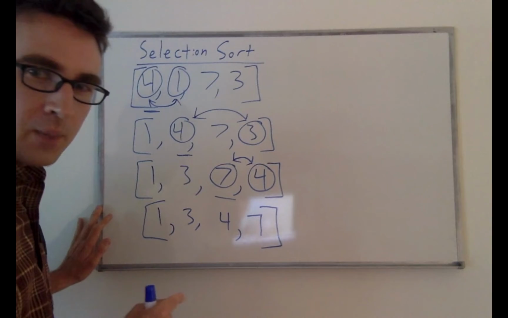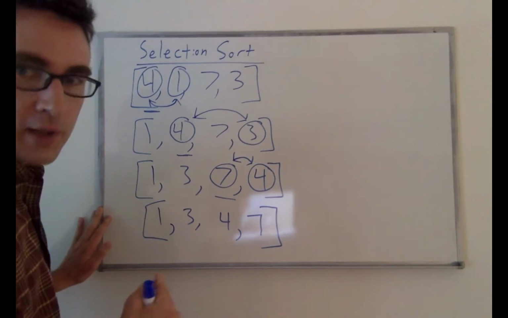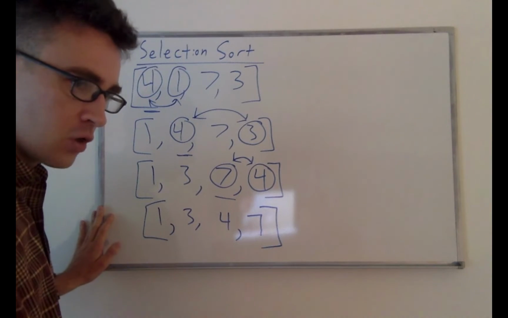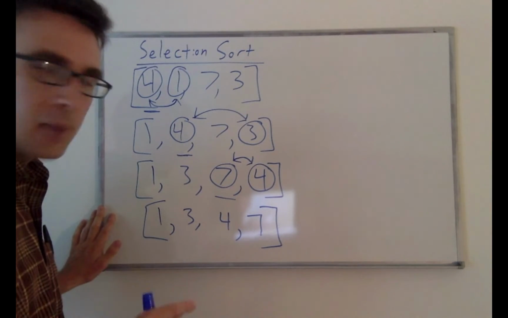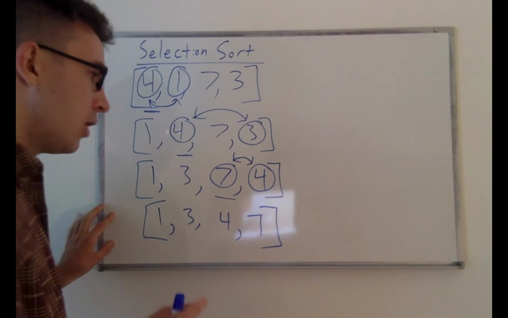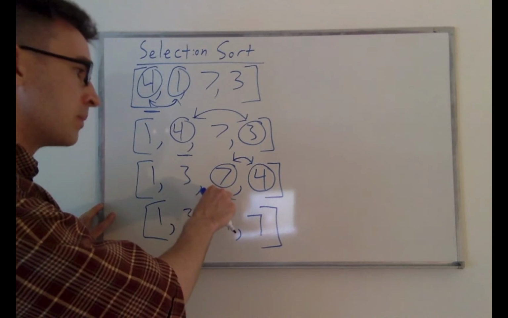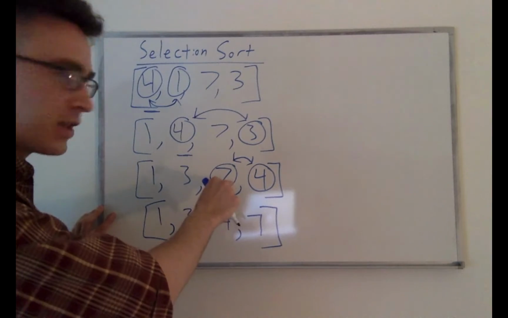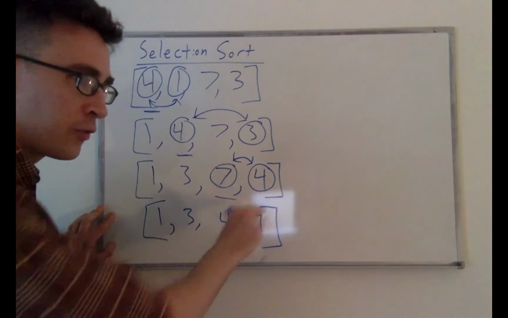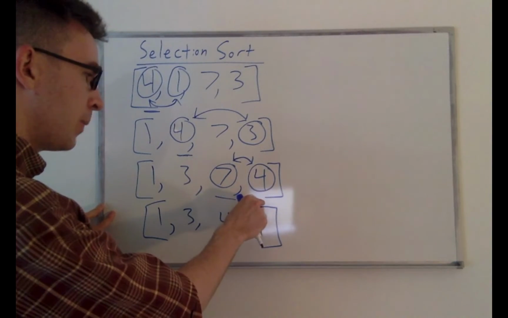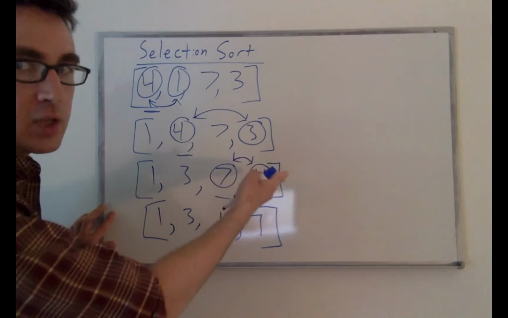And so how do we know when we can actually stop? Because we can see visually here that it's sorted, but how do we actually know when it's okay to stop and have it be guaranteed to be sorted? Well, we stop when we get to the second to last index. That's the last index we need to check for. Because if we were to keep going and move the index over 1 more, that would be the last number we have left.